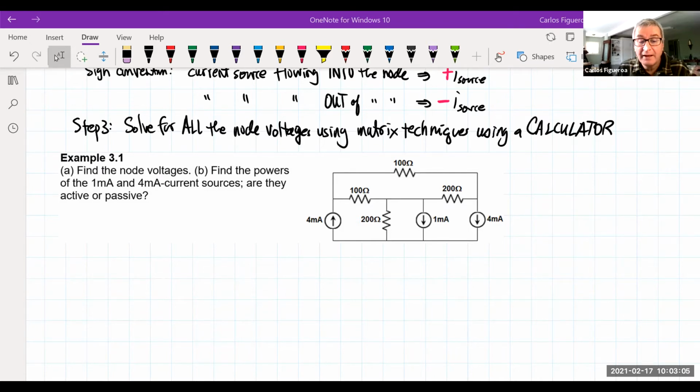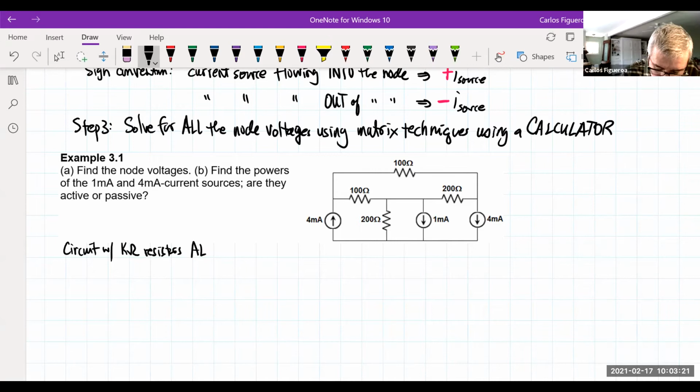One of the things that we want to note is that circuits with kilo ohm resistors always produce milliamp currents. Circuits with ohm resistors always produce amp currents.